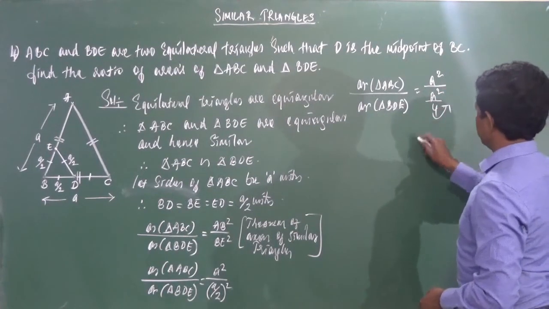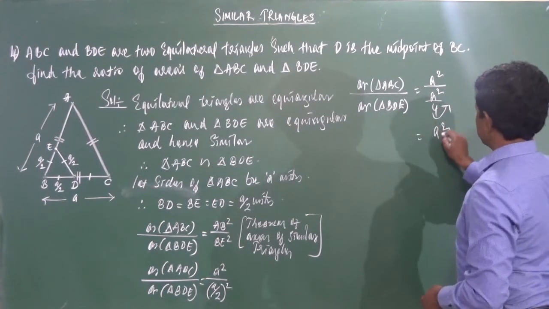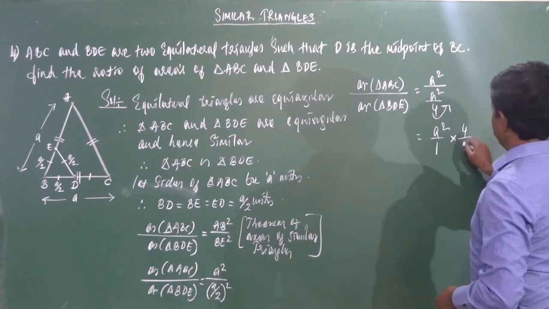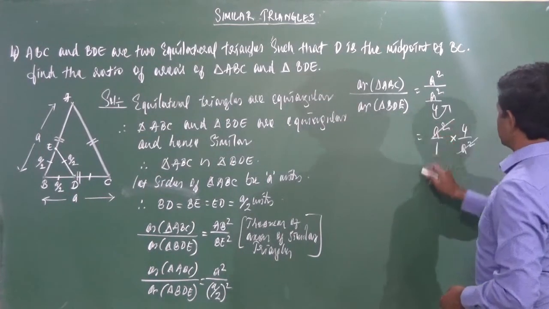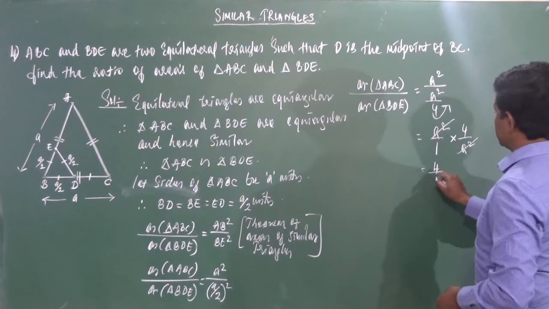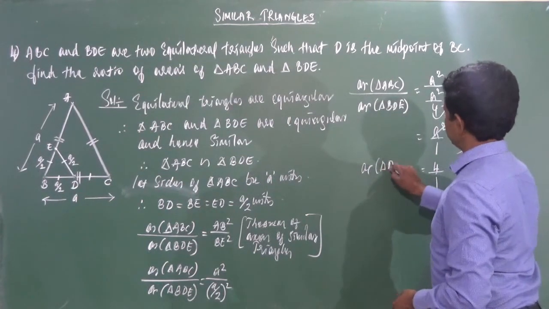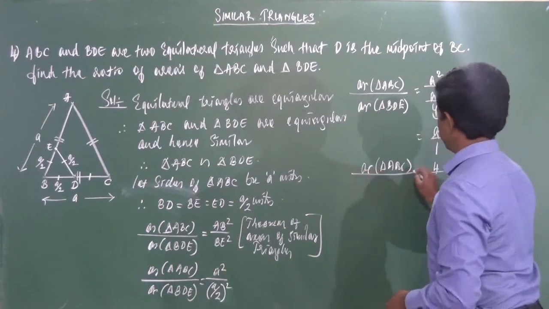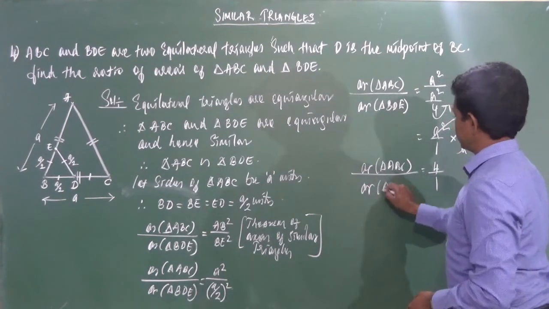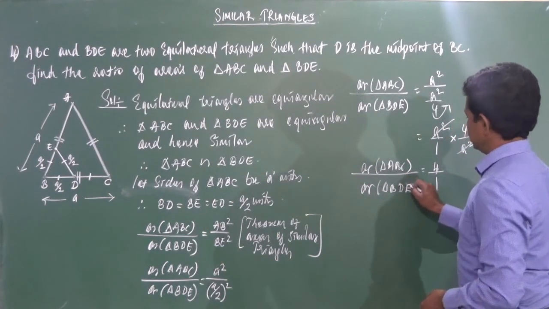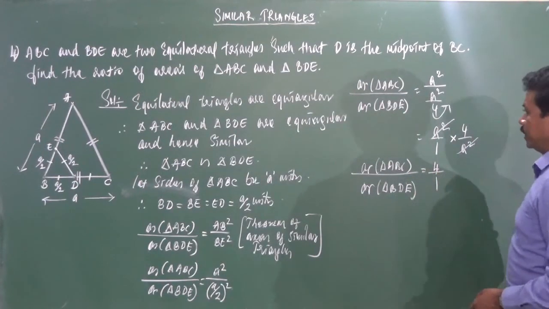Let us take reciprocal for this. So it becomes A square by 1 into 4 by A square. So A square and A square cancels. So remaining is 4 by 1. So area of triangle ABC by area of triangle BDE is equal to 4 by 1.